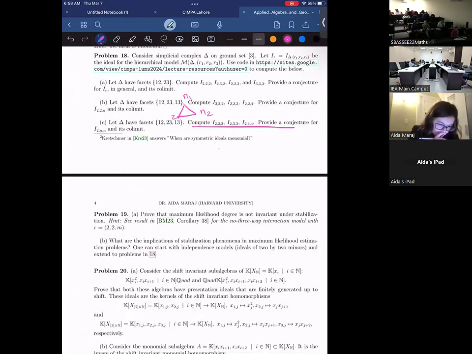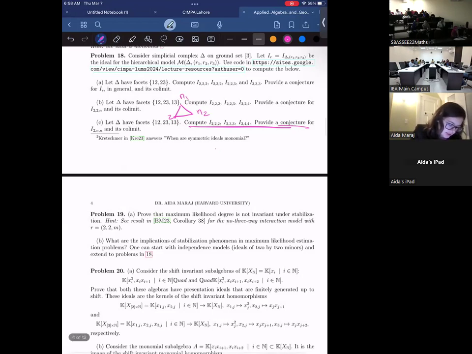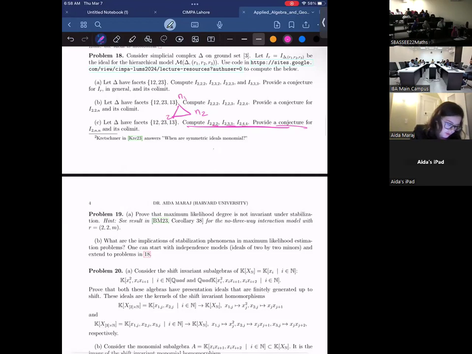So 1, 2, 1, then 2, 2, 3, 3, 4, 4. I'm gonna give this hint, because writing them down is difficult, as you said, the degree of the generators grows exponentially, so it becomes a lot. So 1, 2, 3, up to n, and 1, 2, 3, up to n.